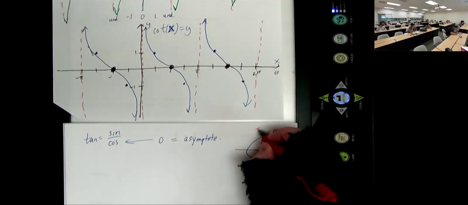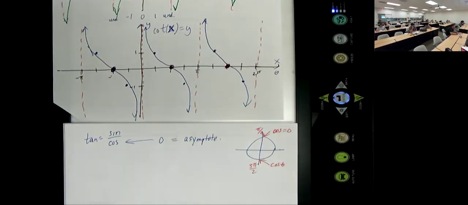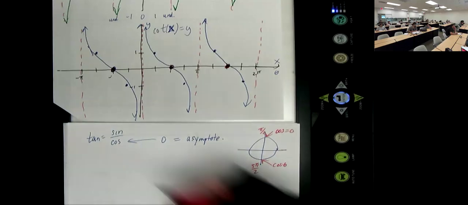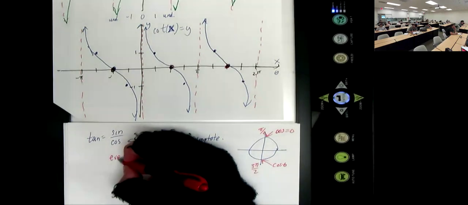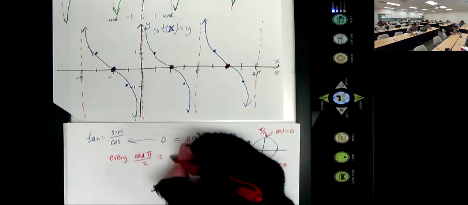So pi over 2, 3 pi over 2, negative pi over 2. You're doing every pi over 2 that's not an even number on top. So every odd pi over 2 is an asymptote for the base graph.